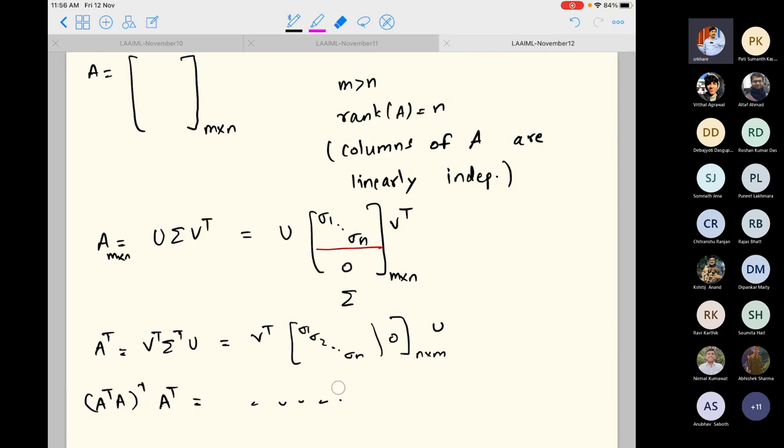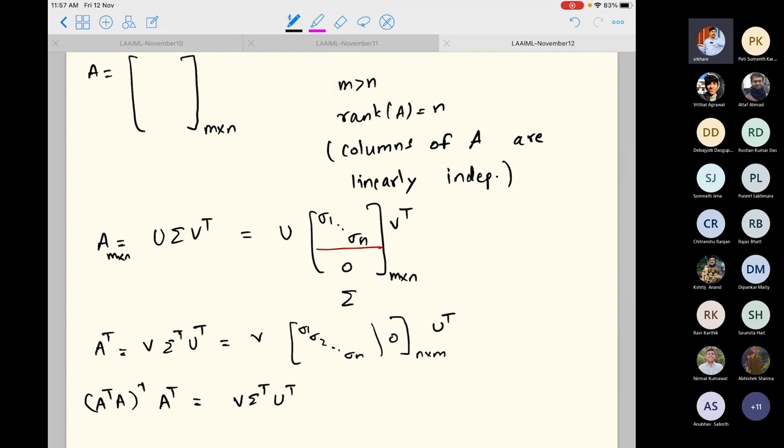So you have U sigma V transpose, V sigma transpose U transpose. Here I made a mistake, I should have V. Is that correct?